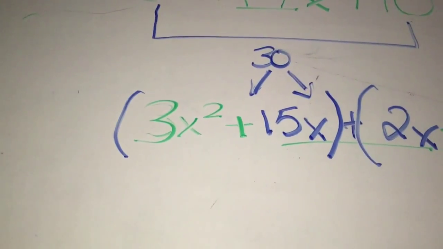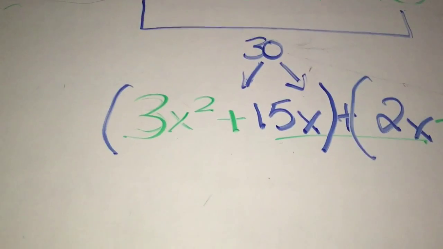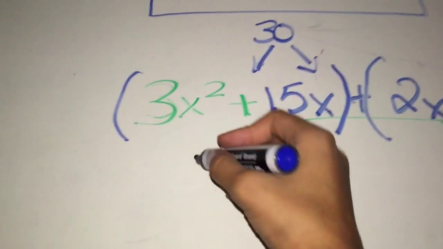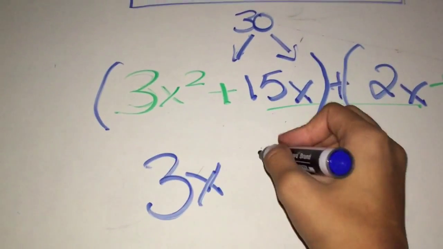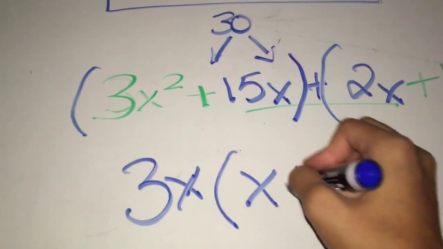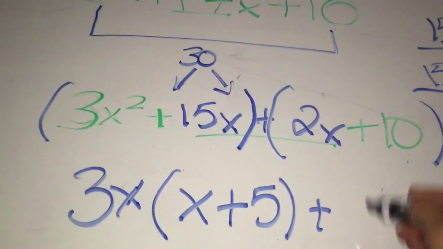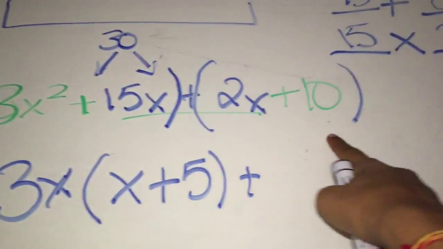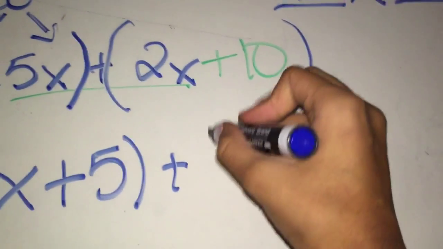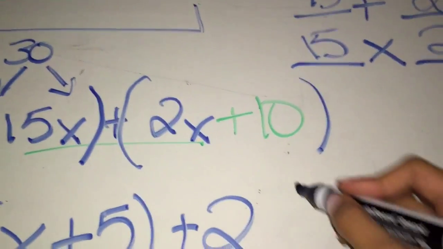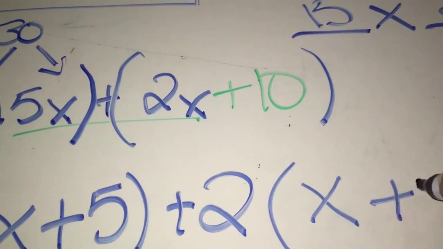So between 3 and 15, the greatest common factor is 3x. So you can take out 3x, which leaves you with x plus 5. And over here, you need to take out the greatest common factor, 2. So the greatest common factor between these two is just 2. So when you take out 2, you're left with x plus 5.